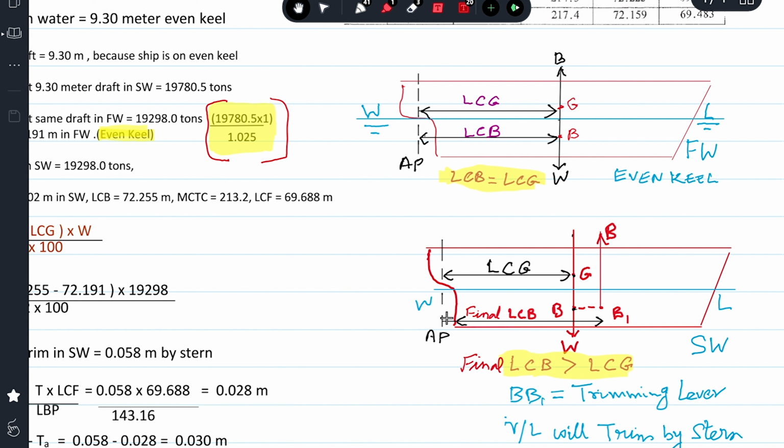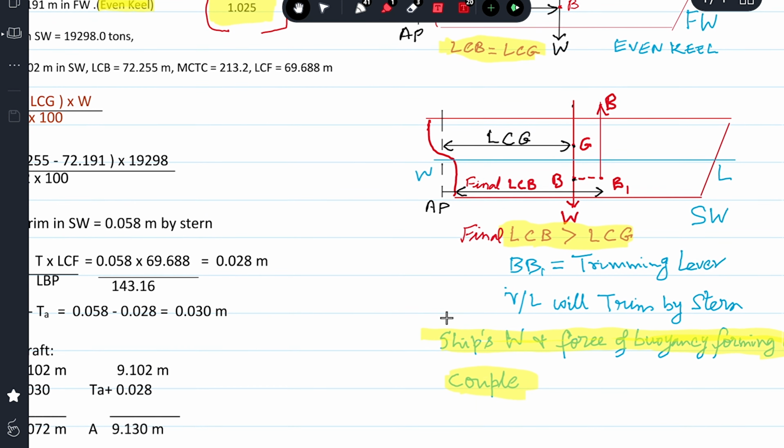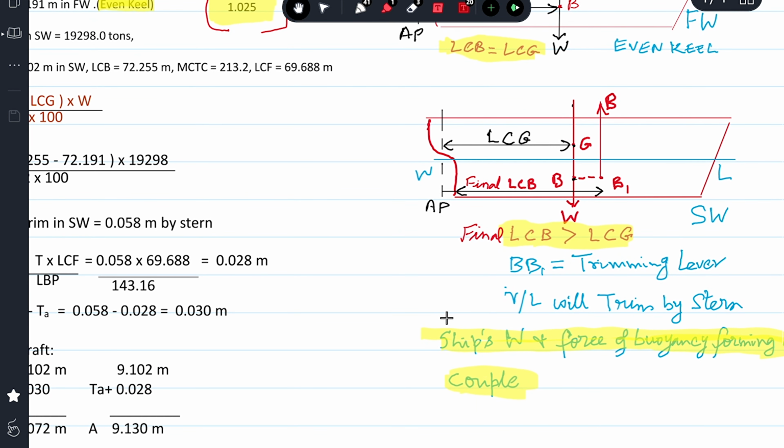This couple will rotate the ship and trim the ship by stern. And the ship will continue to trim by stern till the time the center of buoyancy again comes under the center of gravity of the ship.